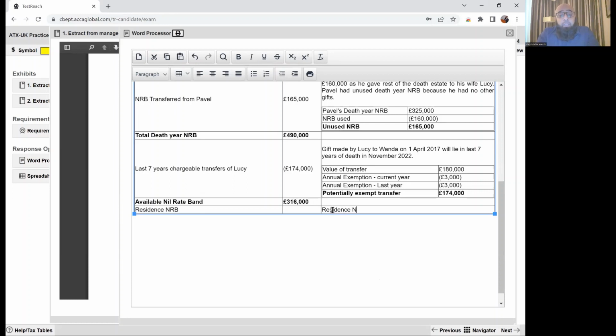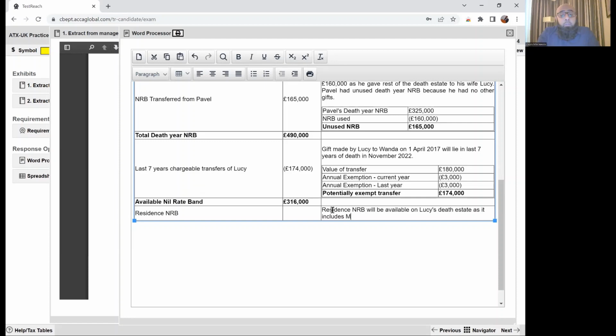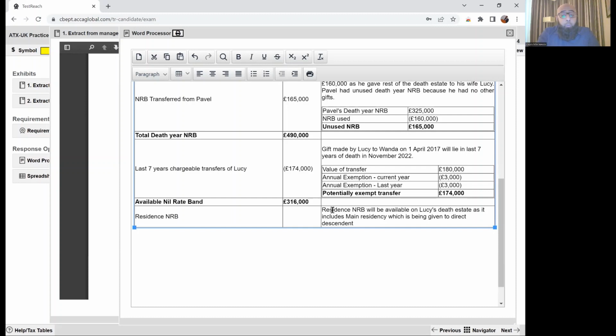Residence NRB will be available on Lucy's death estate as it includes the main residence, which is being given to a direct descendant, Vanda, who is the daughter of Lucy.